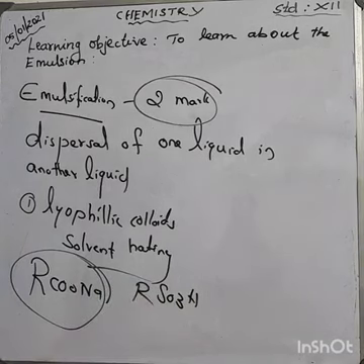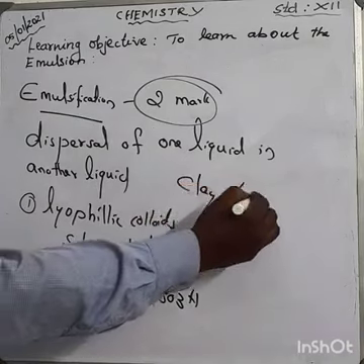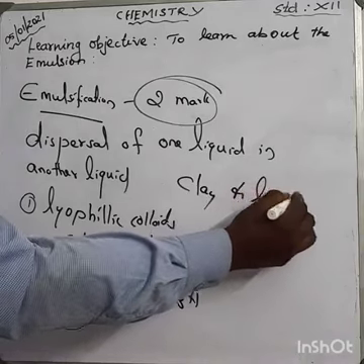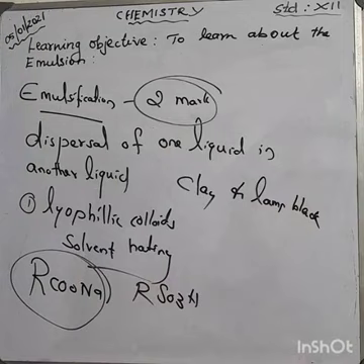These are long chain compounds with polar groups like soap and sulfonic acid. And also we take some insoluble powders like clay and lamp black. Don't forget clay and lamp black. They are also emulsifiers.